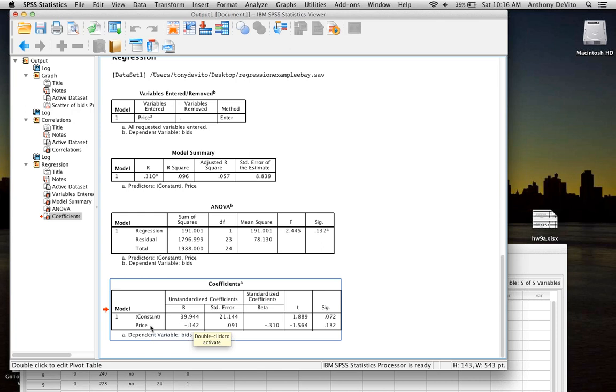It describes it as the independent variable, price, determining the number of bids. So this basically tells us that for every $10 that we go up in price, the number of bids will be reduced by 1.4.